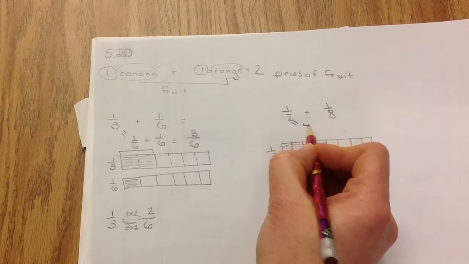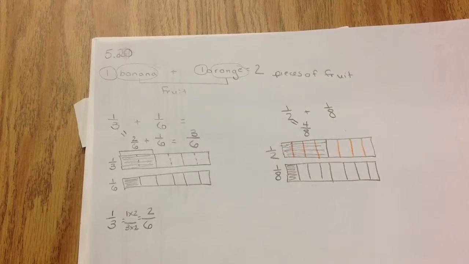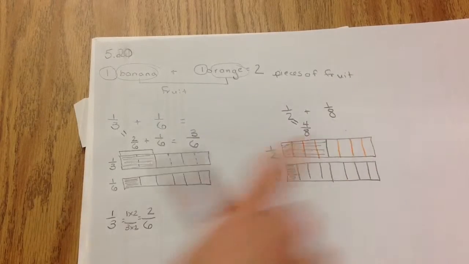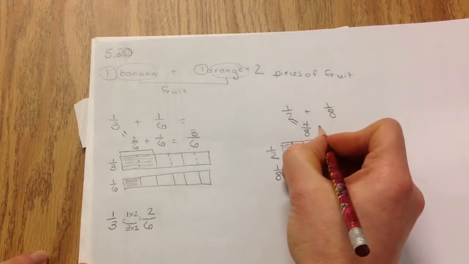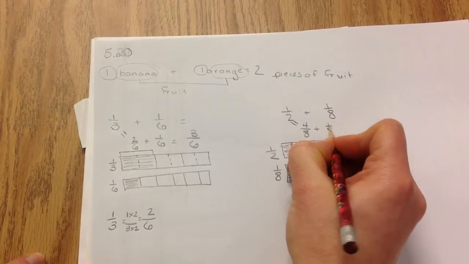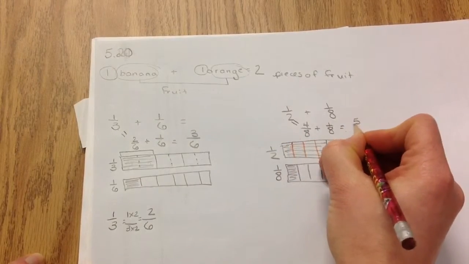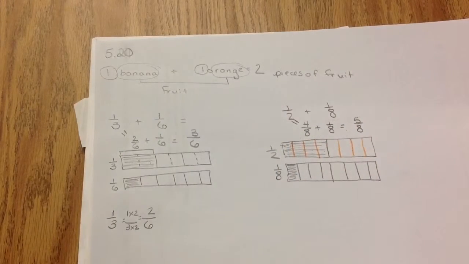Pause if you need to go ahead and draw your lines so that you have the same thing that I have. If you don't need to pause, you can go ahead and do your 4/8 plus 1/8, which equals 5/8. And you might have already had that.